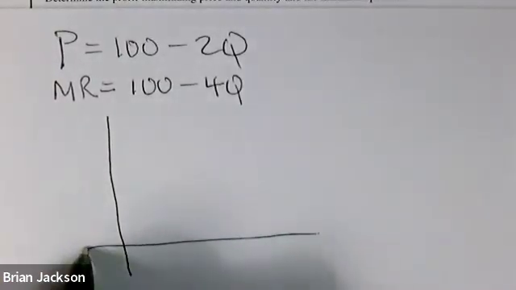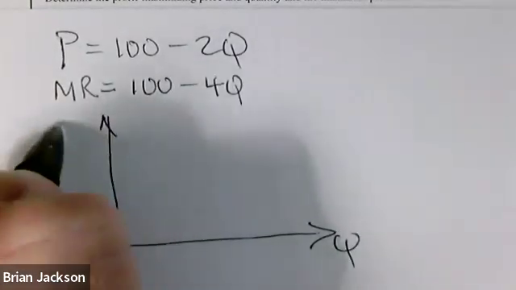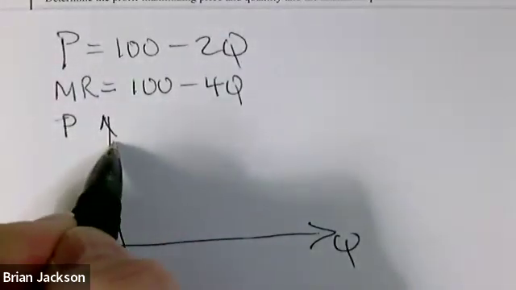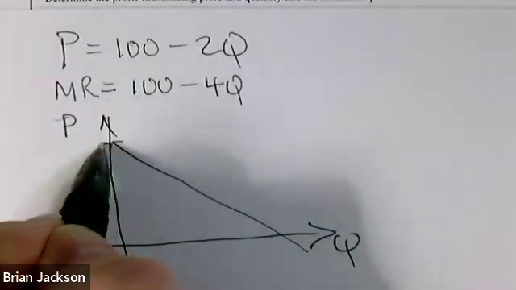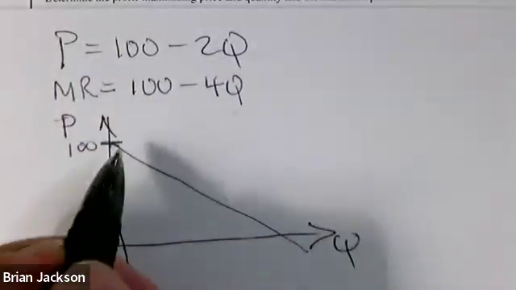What am I saying is this? If we just kind of rough out a diagram here, we sketched a demand function which looks like this. It would have a vertical intercept of 100, and a slope of -2.